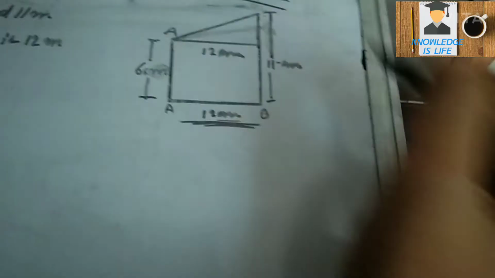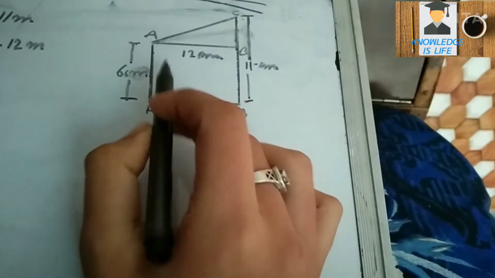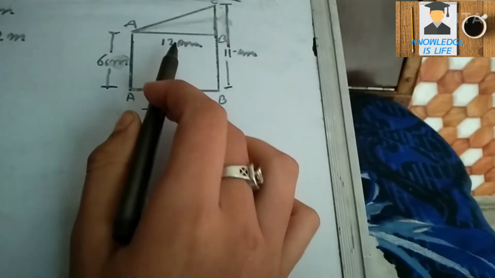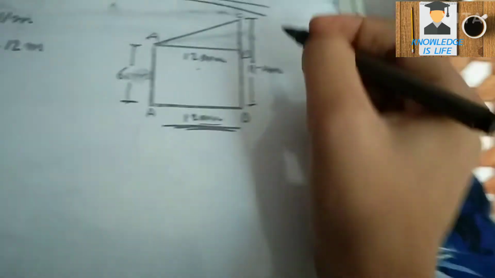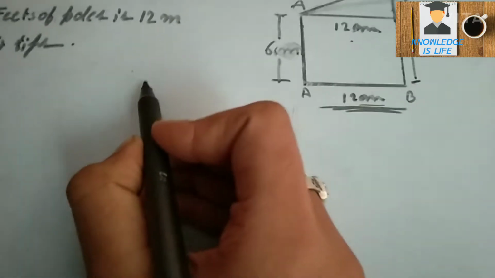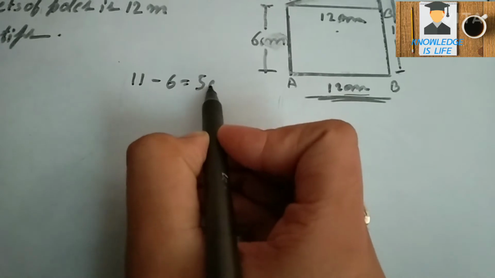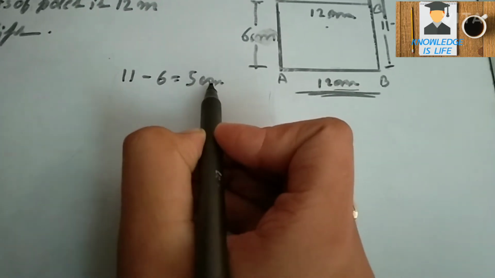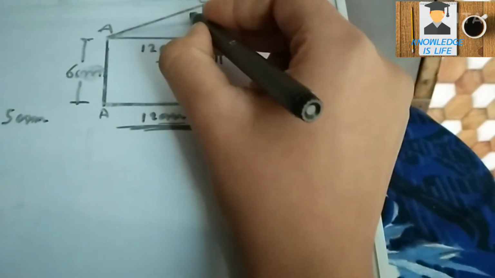Let us consider this our point A, point B, and point C. It is 12 centimeters, so this will also be 12 centimeters. That is our first side. To find the second side, 11 minus 6 equals 5 meters. So this side will be 5 meters.